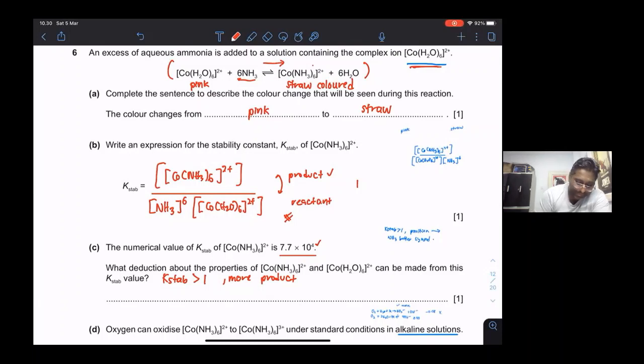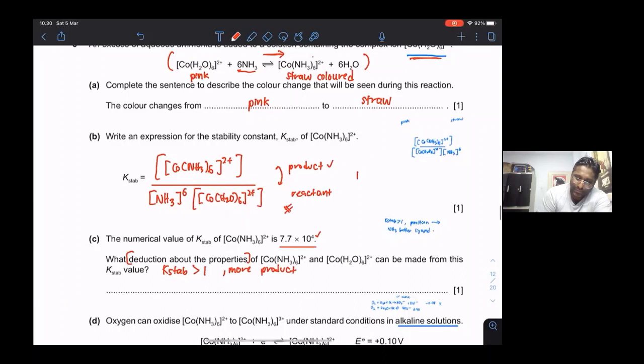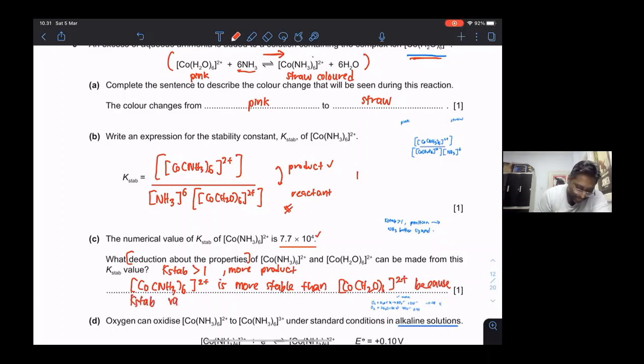But the deduction about property will be more appropriate if, because it's a stability constant, because it's going to the right, I say [Co(NH3)6]2+ is more stable than [Co(H2O)6]2+, because, you write down, because K stab value is more than 1.